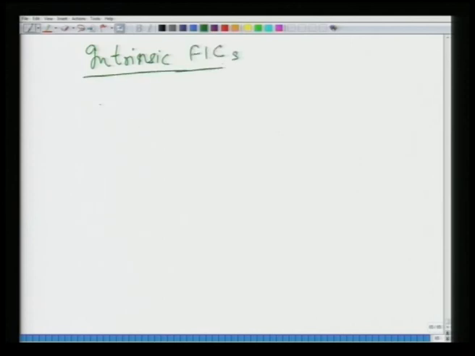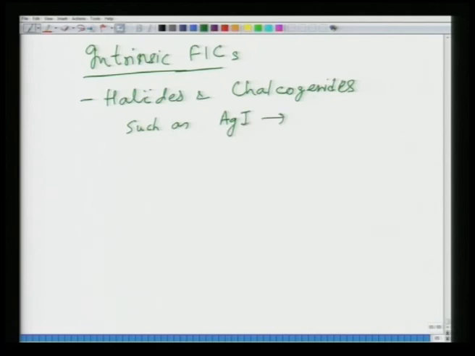In the intrinsic FICs we have materials like halides and chalcogenides, typically of silver and copper, such as AgI. Here the mobile ion is Ag plus, and many of these Ag ions are mobile.